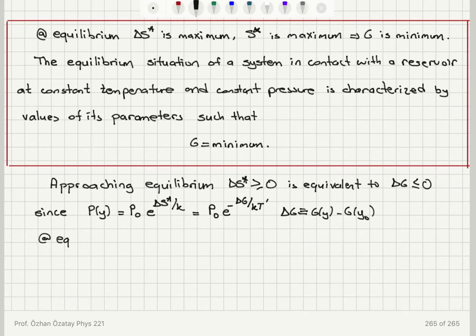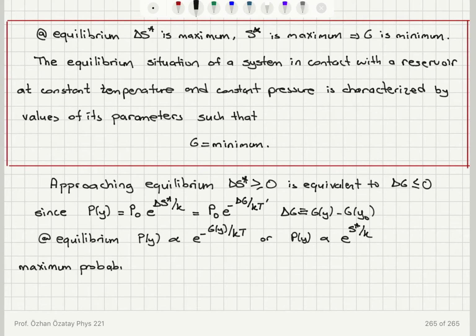So when we are at equilibrium, the probability of having a certain value of y is proportional to e to the minus Gibbs free energy at value y divided by kT, or the probability of having a value y is proportional to exponential of total entropy divided by k.